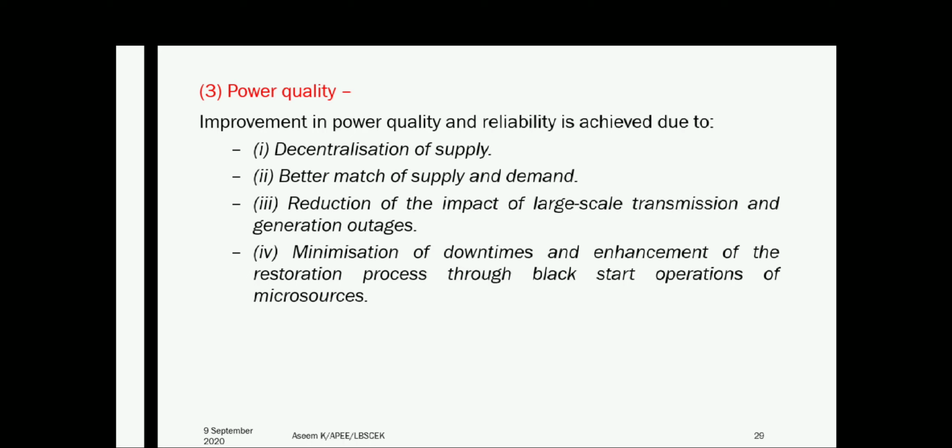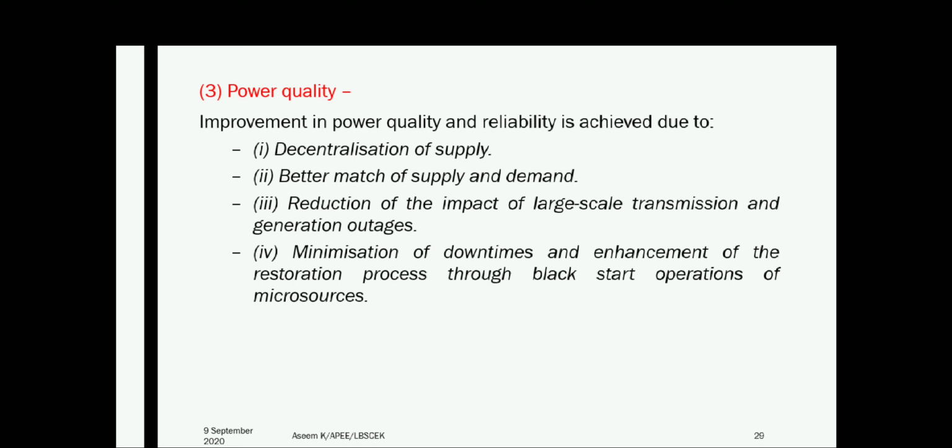In case of a microgrid, if a fault occurs in the main power system, you can disconnect it and it can work in an islanded mode or a standalone mode, so that you can ensure reliable power supply to the priority loads, at least to the critical loads, so that downtime can be minimized.